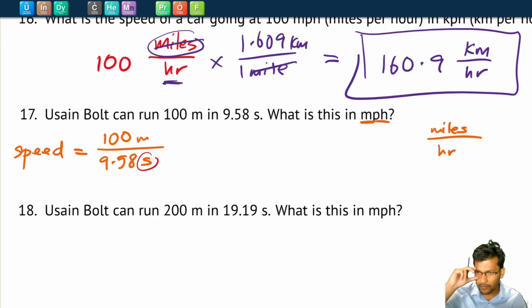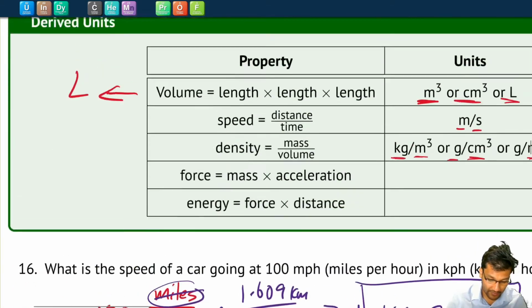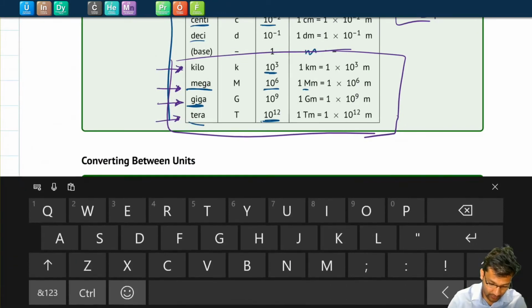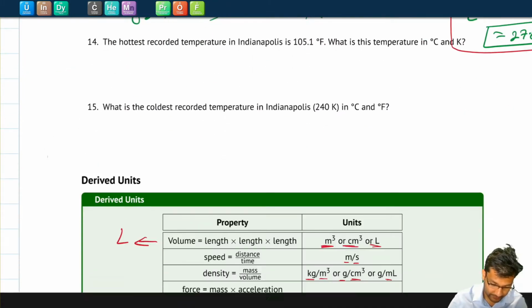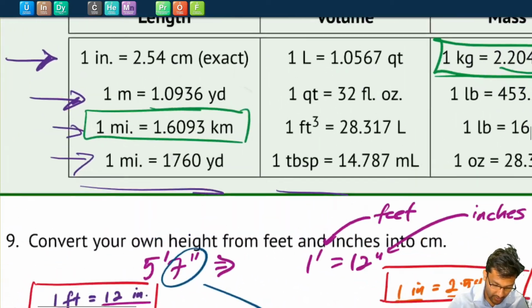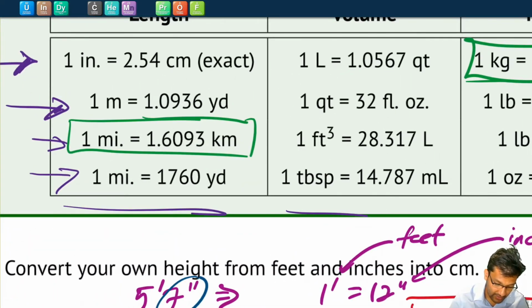We might not know the conversion of meters to miles, but what we do know from the table up here is that 1 mile is 1.6093 kilometers.